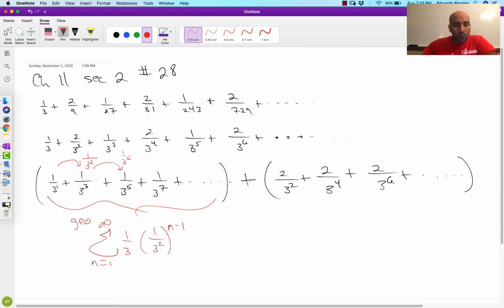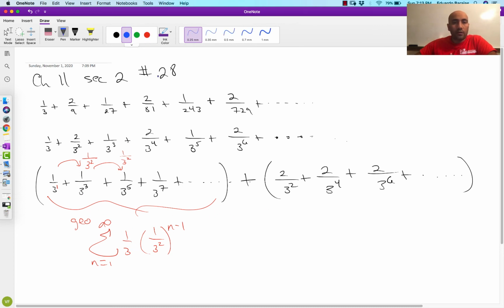When n equals 1, I'll get a power of 0, which means this will be 1. So I just get the 1/3. When n equals 2, I'll get 2 minus 1, which is just 1, and so I'll get 1/3 to the 2nd power times 1/3. That's 1/3 to the 3rd power. That works out there too. Good. So it works out every time.